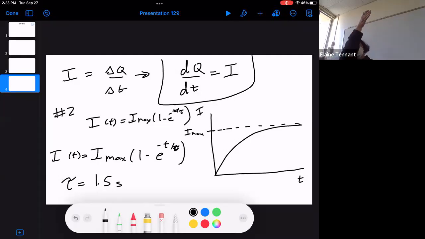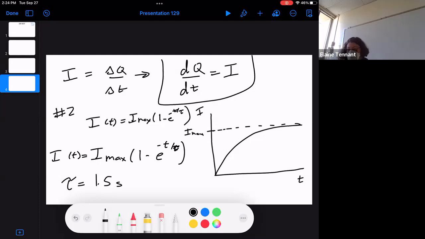A short half-life plunges really close to 0 before leveling off, and a long half-life gives you a much more shallow curve. This is the same thing: the time constant tells you how steeply your curve goes towards Imax, whether you jump up to Imax almost immediately or it takes a long time.